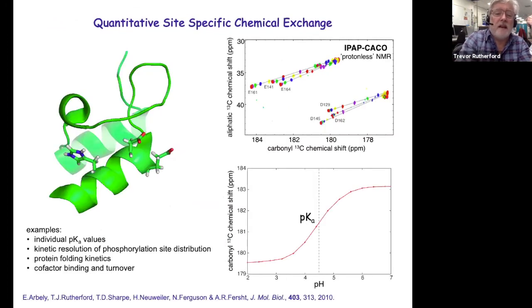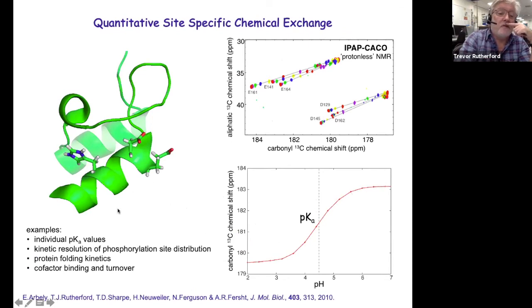We can look at individual chemical exchange processes. Chemical exchange, in this case, could be anything. This particular example is looking at the pKa individually for different side chains. So we've got 6 different acidic side chains that we can titrate as a function of pH, look at the change in chemical shift, plot that out, and you get an accurate pKa value.